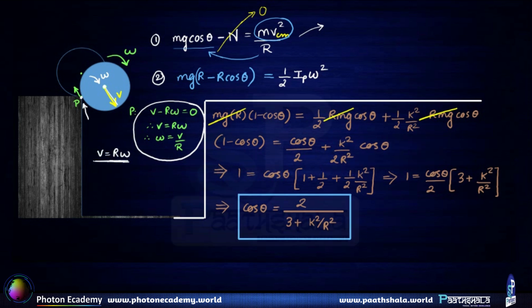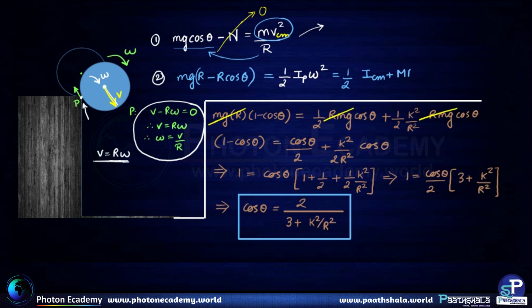Now here I_P is to be found out using the parallel axis theorem. So we can write this to be equal to half I_P, which is nothing but I_CM plus MR square, into omega square.